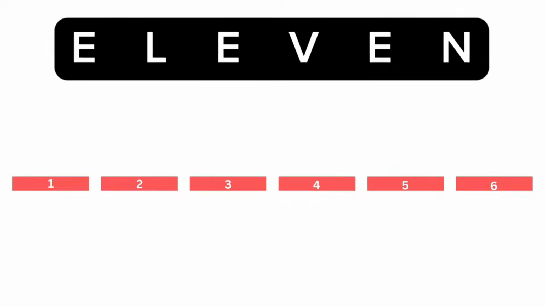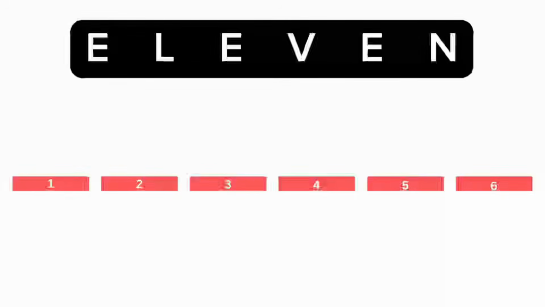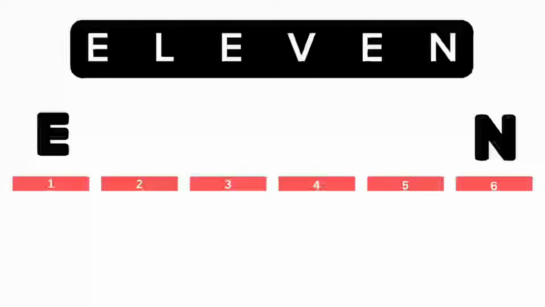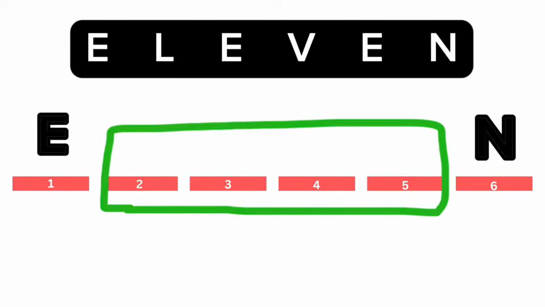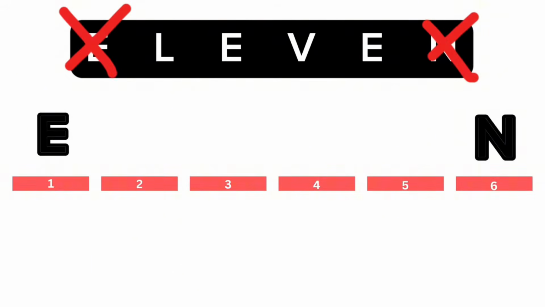We're finding the number of permutations that can be formed from the letters of the word ELEVEN, beginning with the letter E and ending with the letter N. Since ELEVEN has 6 places, 6 letters, we know that in the first place we're going to have an E, and in the final place, the 6th place, we're going to have an N. So it's just a matter of how we're arranging those 4 places with the 4 remaining letters, which would be L, E, V, E.